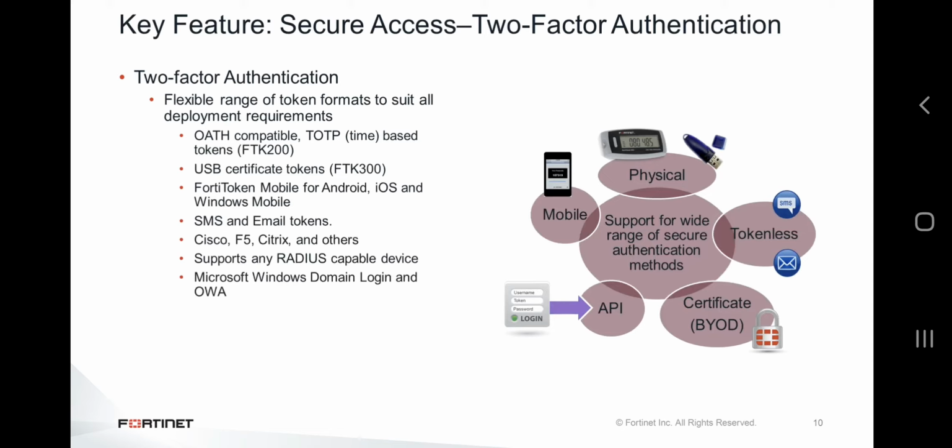In addition to providing the management and software infrastructure to support secure access functions, like two-factor authentication, Fortinet also offers various token form factors that work closely with FortiAuthenticator. We call these the FortiToken products. We offer them in almost all flavors and varieties seen within the token world, from physical and mobile tokens to SMS and email tokens, and even API support, giving the organization maximum flexibility and supportability across the enterprise.